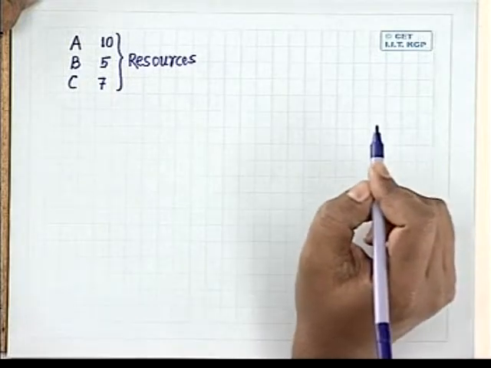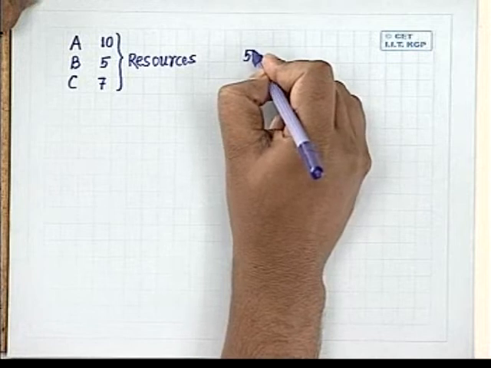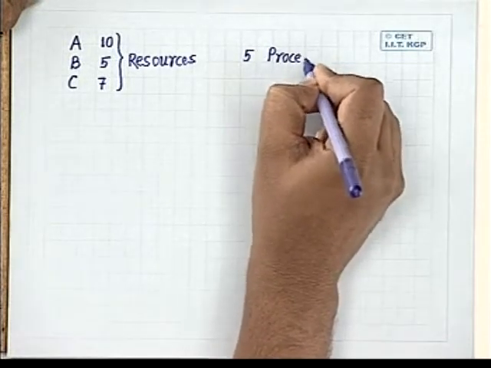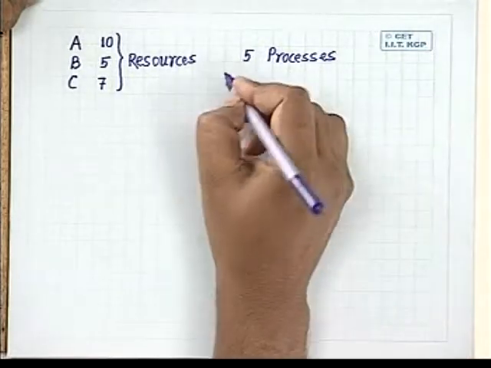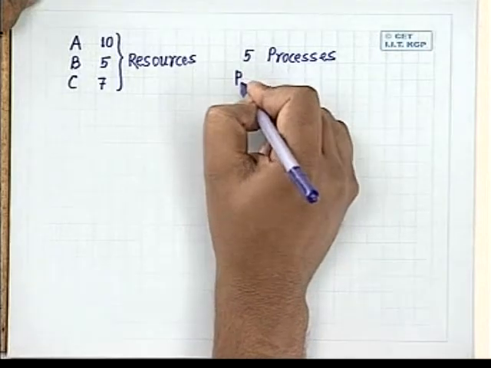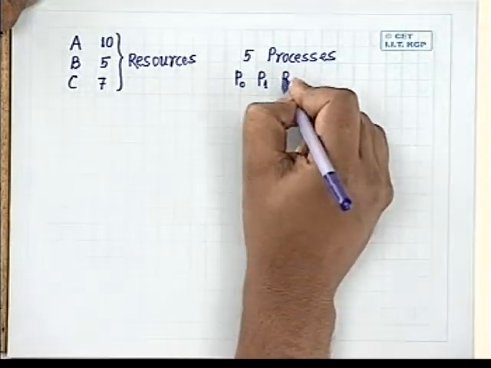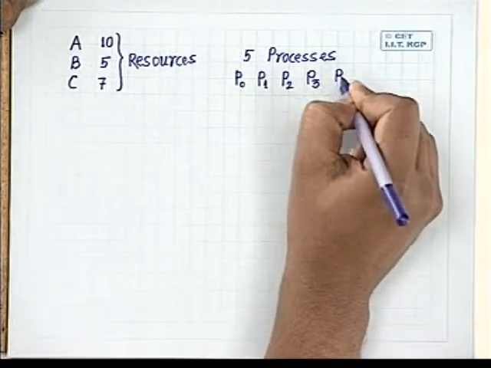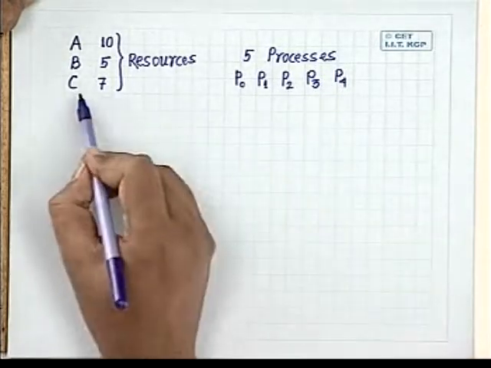We assume that at a particular instant of time there are 5 processes in the system who want to share these resources, and we name the processes P0, P1, P2, P3, and P4.